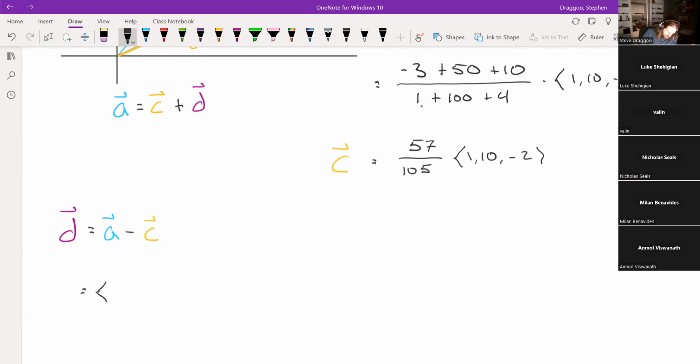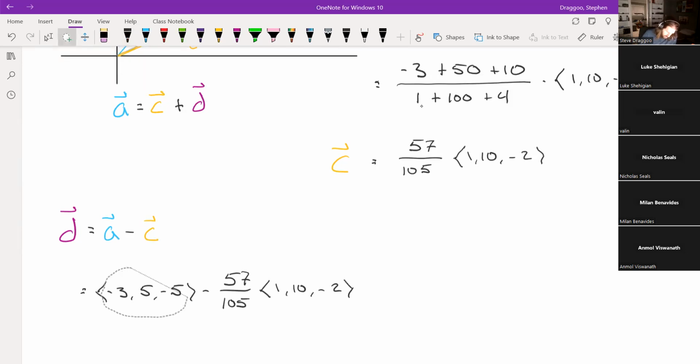A is the vector negative 3, 5, negative 5. That was given to us. Minus C, which we just found, was 57 over 105 times 1, 10, negative 2.